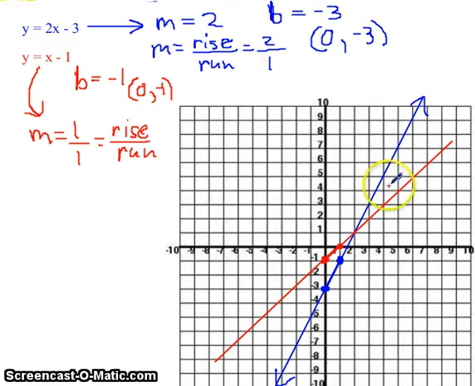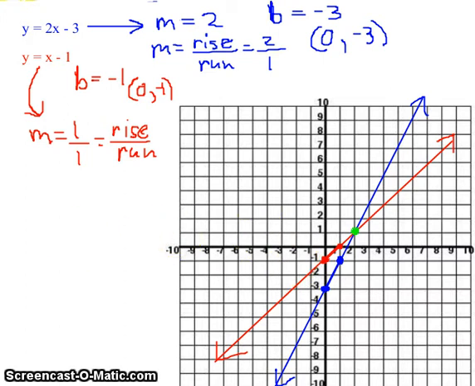Do you guys see where now the 2 lines definitely intersect? That intersection point, once again, is going to be the solution to the system of equations. Looks to me like, I'll do it in green, that green point right there is where the 2 lines intersect. So what's the solution?